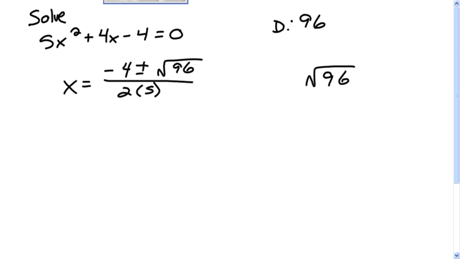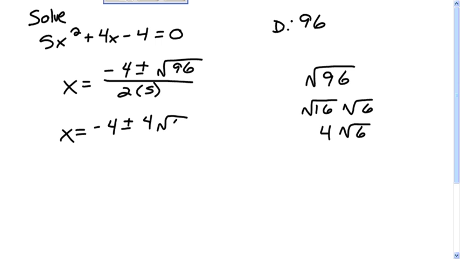So I break this apart. Perfect square is 16, and what's left over is 6. So it's 4 root 6. Plug that back in. Negative 4 plus or minus 4 root 6 over 10. Think ahead, pull out what you need to. What do they both have in common? The numerator you can factor out a 2.